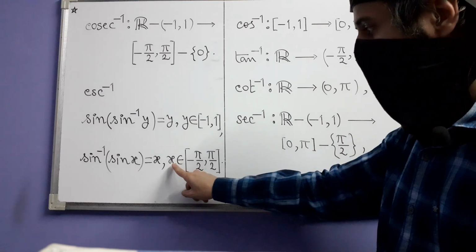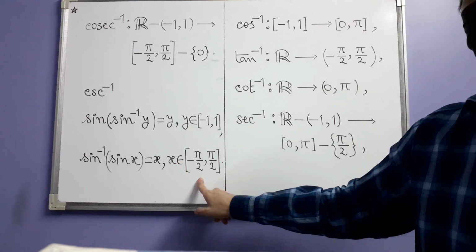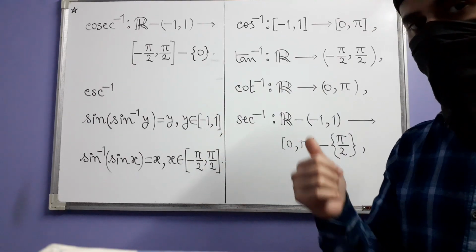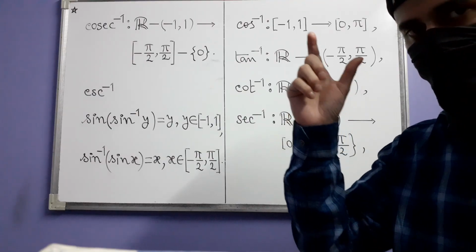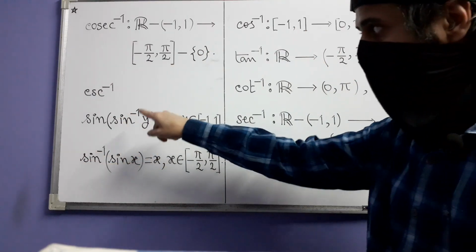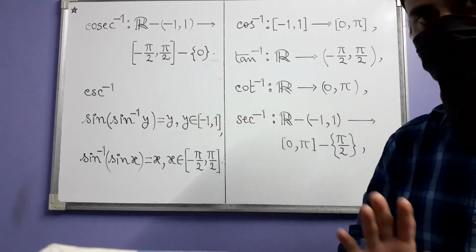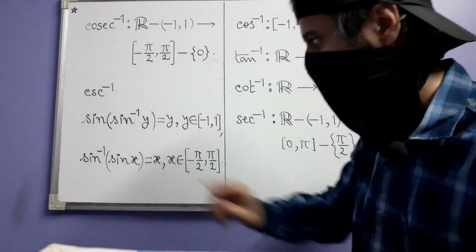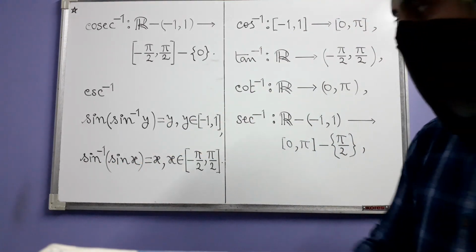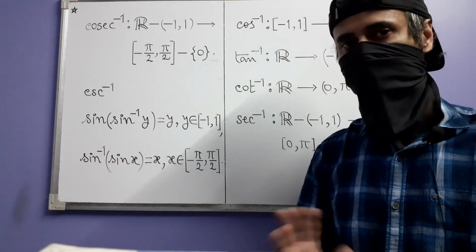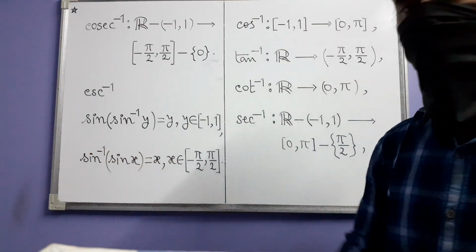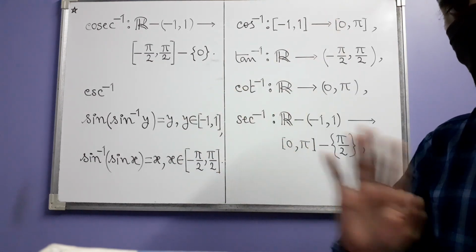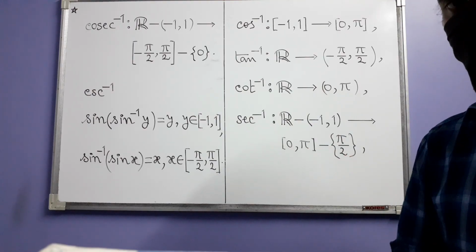Similarly, if you take any x in this interval, which if you recall is the domain of that restriction of the original sine function, whose inverse is this inverse sine function principal branch, then for that x, sine inverse of sine x is equal to x, because here also this function and its inverse cancel each other and x does not change. And this can be said about the other functions and their principal branches of inverses as well.